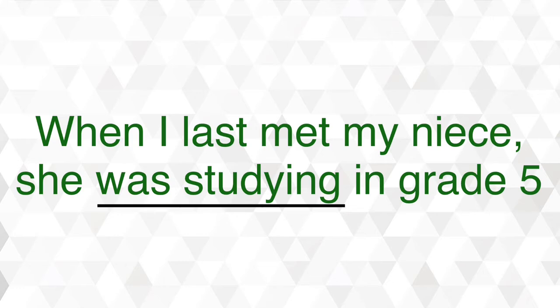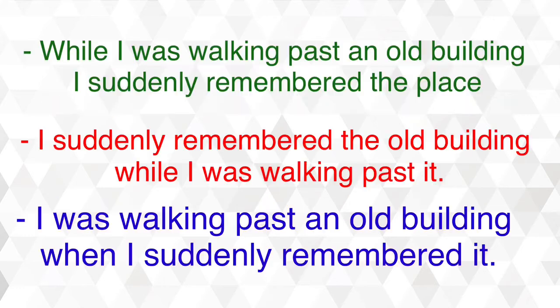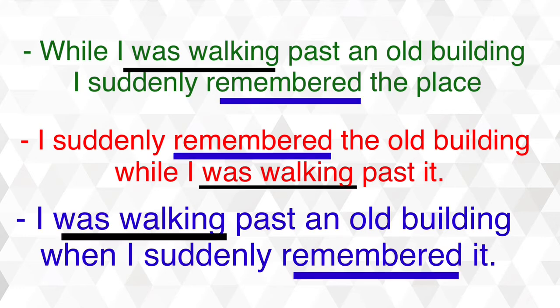Now, number 2, you must have noticed sometimes two actions, that is a long action denoted by past continuous tense and a short action denoted by simple past tense, take place almost simultaneously. Let's look at some examples. While I was walking past an old building, I suddenly remembered the place.